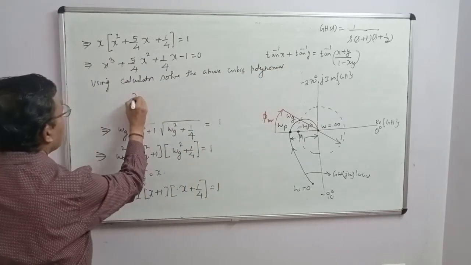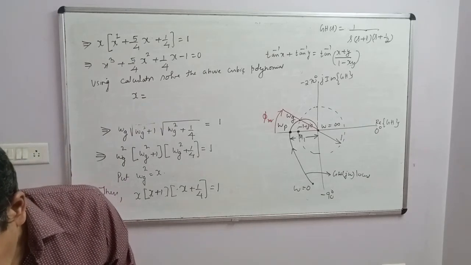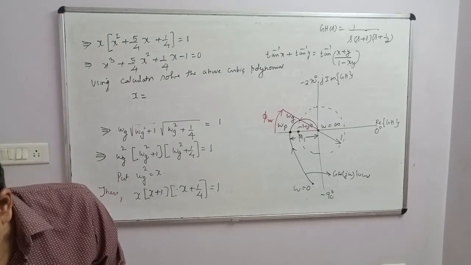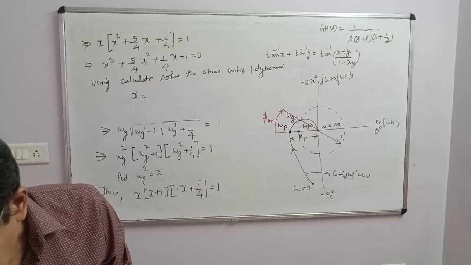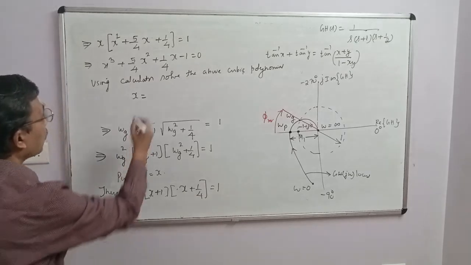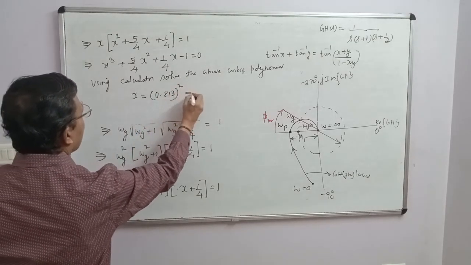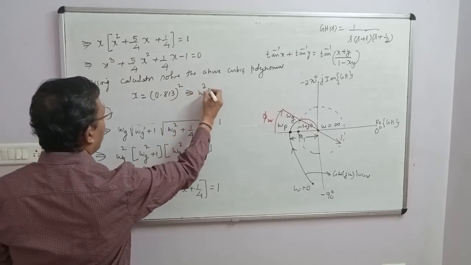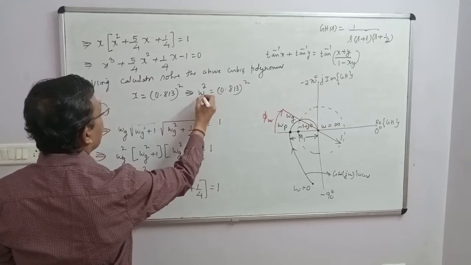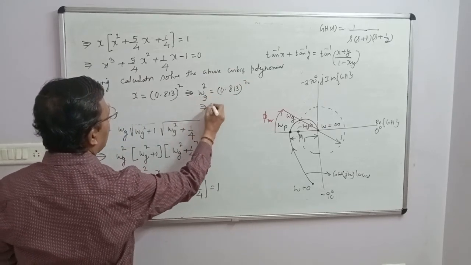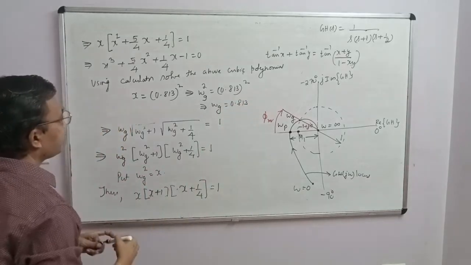You will get x equal to 0.813 whole square. This implies omega square equals 0.813 square. This is omega g. This implies omega g is equal to 0.813.